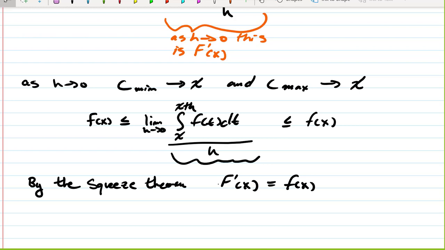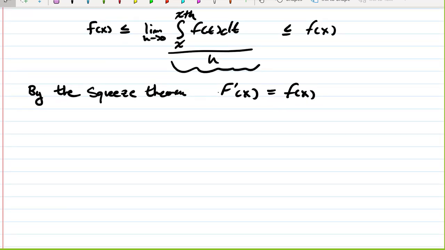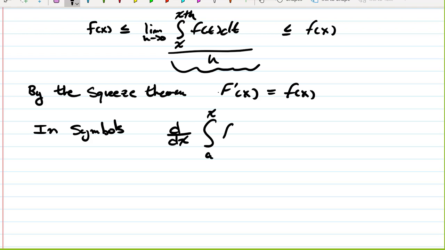So the fundamental theorem of calculus part 1 says that the derivative and the integral undo each other. So basically what it says in symbols is the following, that the derivative d dx of the integral from a to x of f of t dt is equal to f of x, or the derivative and the integral cancel out, and we just get back the function f, which is the integrand.